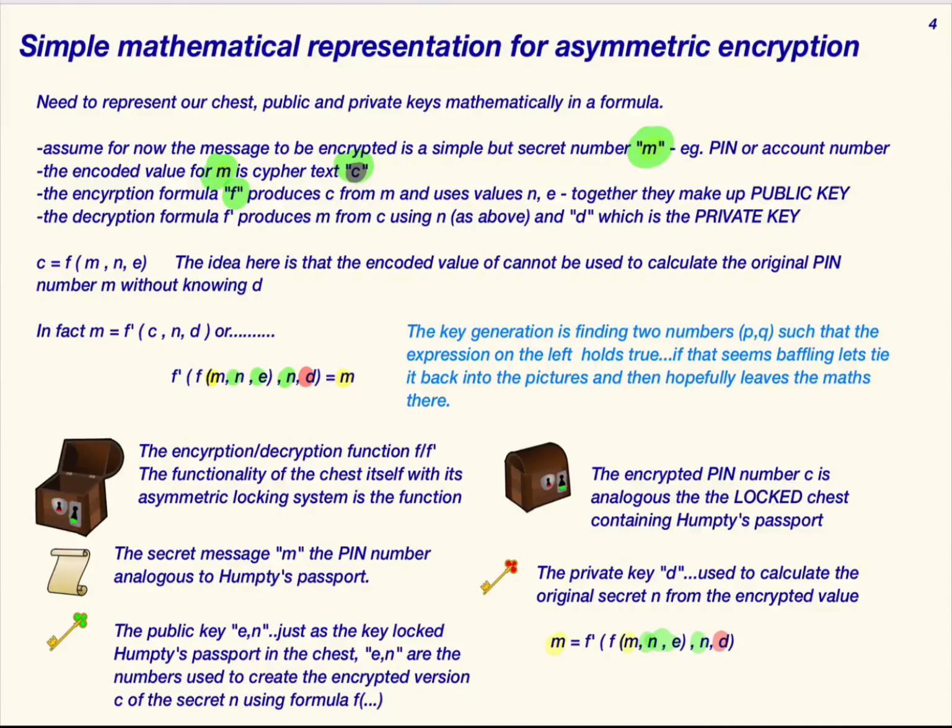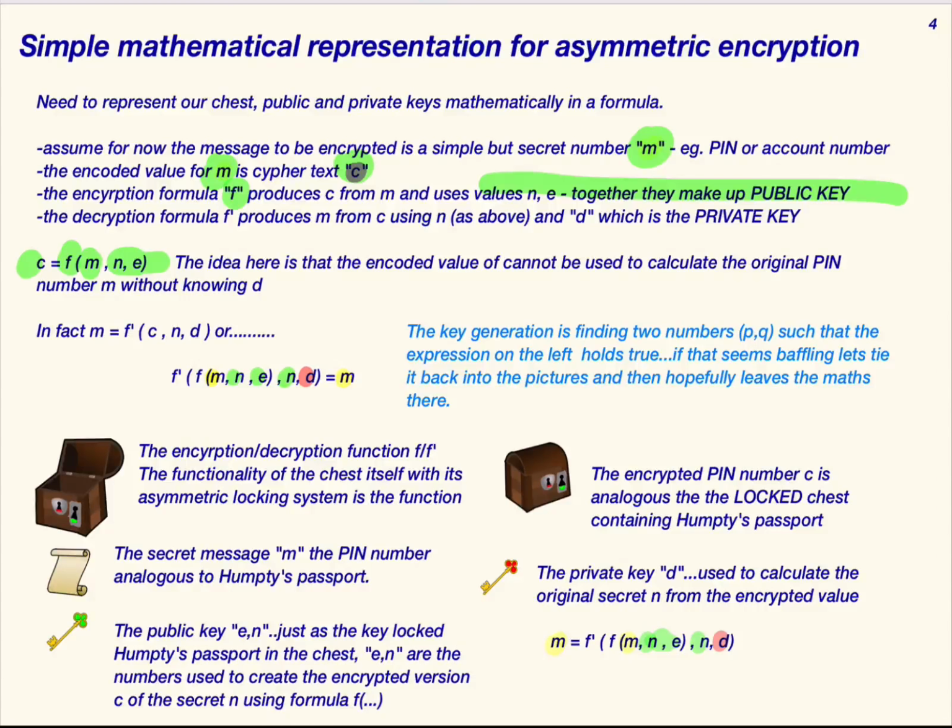So in a nutshell, C, which is called your ciphertext, is a function of M, which is your input text, and two other numbers. And those two numbers together, N and E, mathematically represent what's called a public key, right? And that's highlighted there.